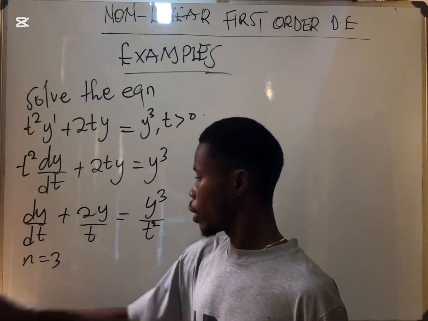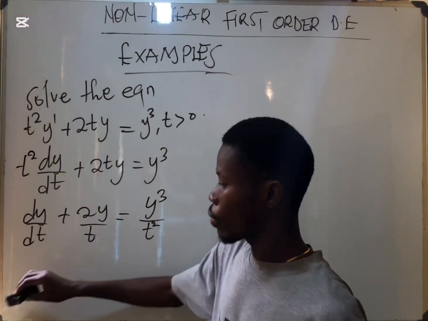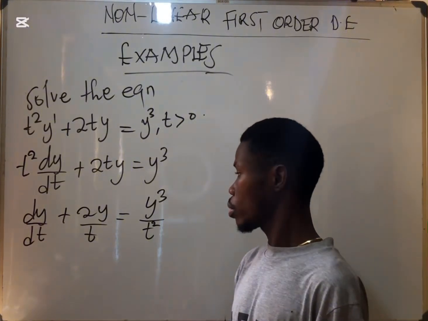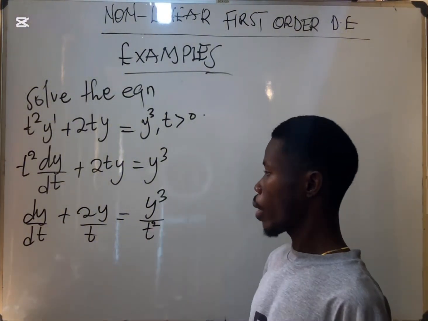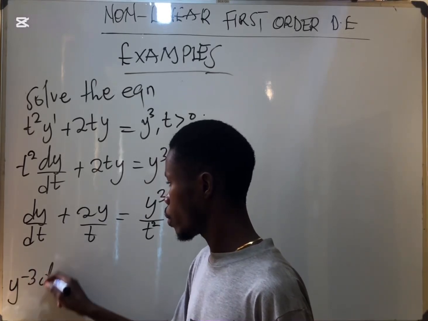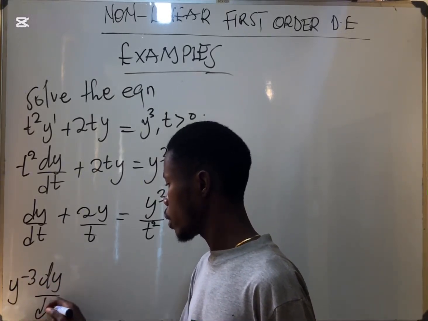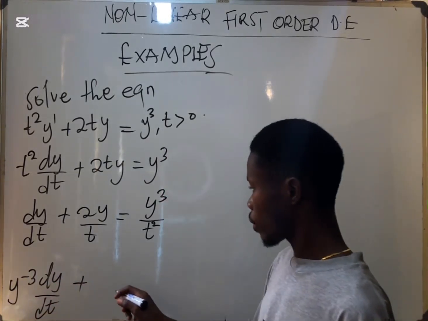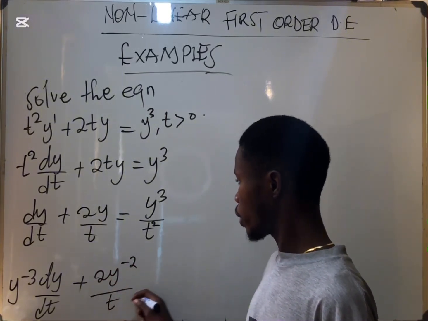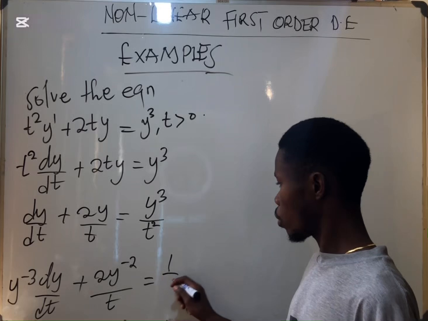Okay. So if you want to solve the Bernoulli, the first thing you need to do is very simple. You have to divide through by y cube. When I do that, I'm going to have y to the power -3 dy/dt plus 2y to the power -2 over t equals 1 over t squared.